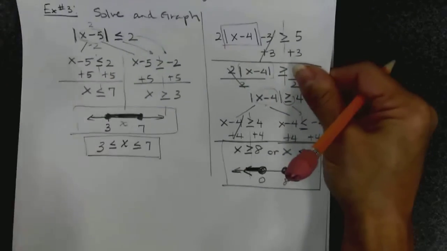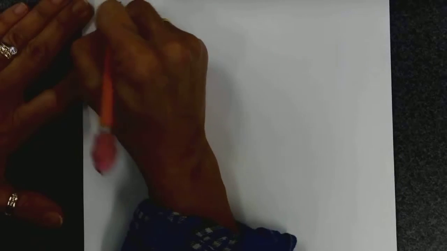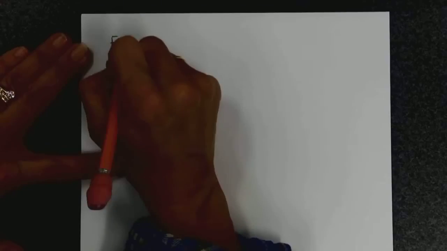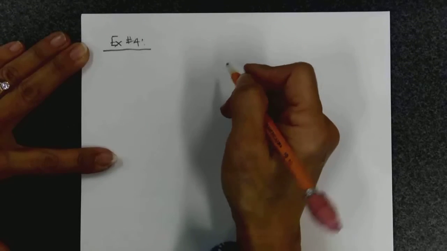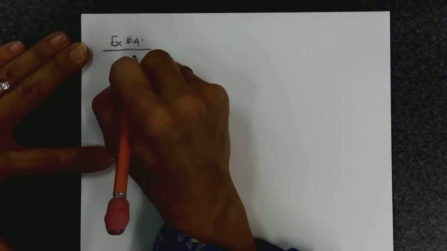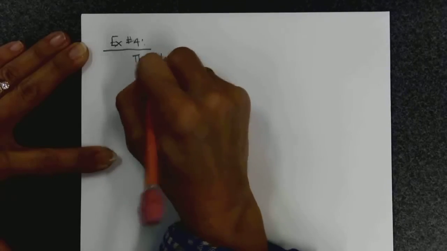Now, the last type of question where absolute value is used is the word problem, where in real life we deal with measurements. So in example number 4, we have a situation where we have the ideal measurement.